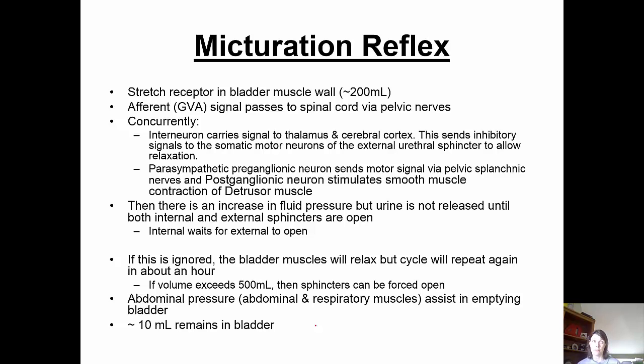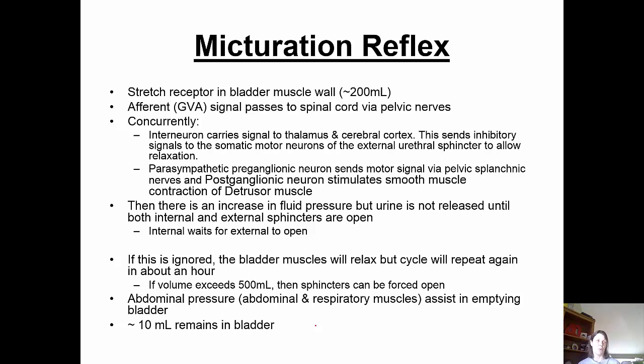So if you ignore it, like, oh, I don't have time to pee, and I do that all the time. I don't have time to pee. Bladder will forget. And so then, after about an hour, the cycle starts over. If you get higher than 500 milliliters, you can force those sphincters to open. You can pee faster, by squeezing your rectus abdominis and oblique muscles and your diaphragm, right, if you're in a hurry.